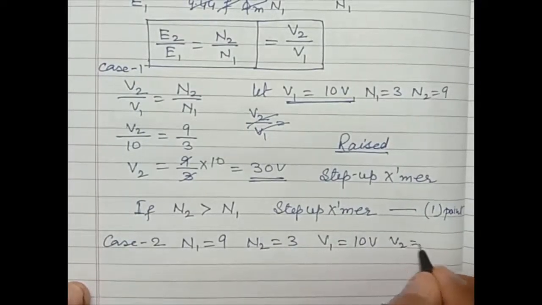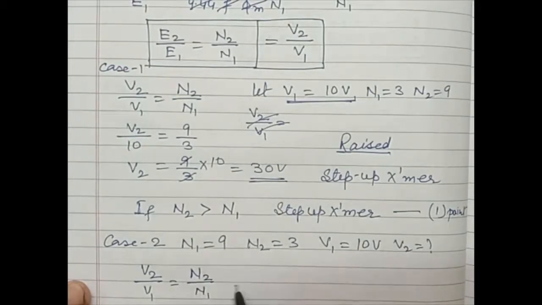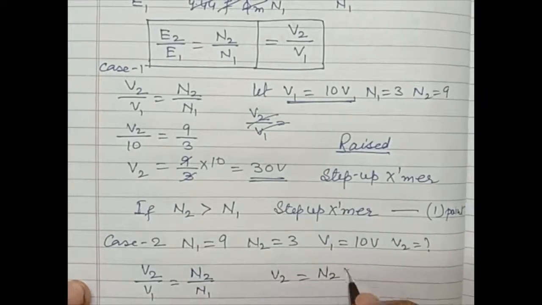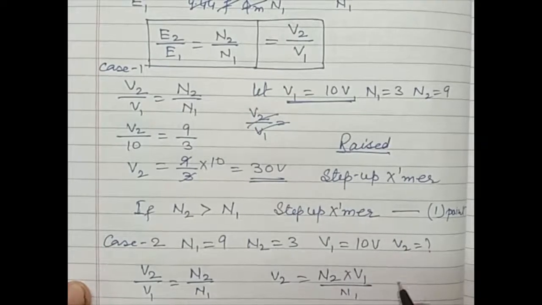What is the value of V2? The same equation, V2 divided by V1 is equal to N2 divided by N1. Now putting the values, V2 is equal to N2 into V1 divided by N1.